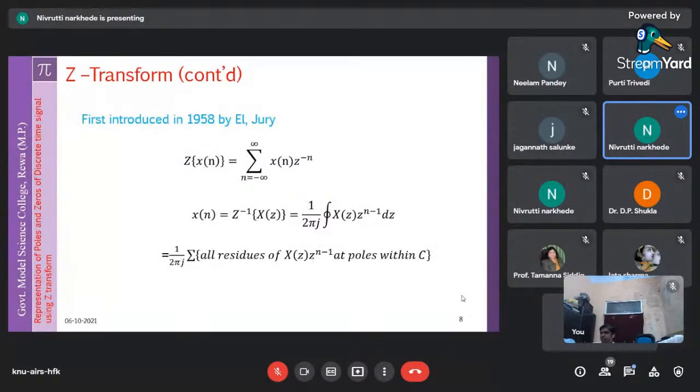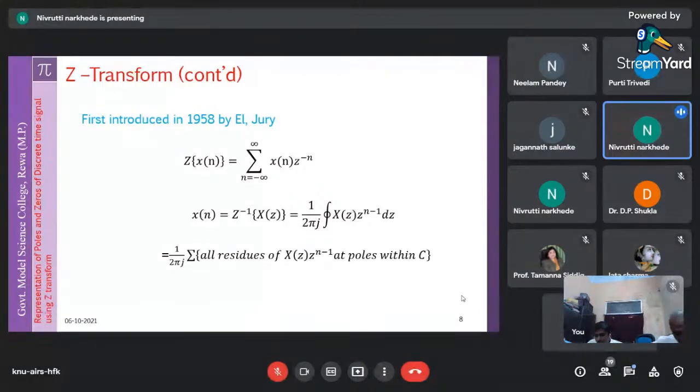So in 1947 Jury defined the Z transform. If x[n] is any discrete signal, mathematically we call it a sequence. It is just a discrete sequence. If n is positive, we can say it is a sequence for positive values of n. Here, instead of a sequence, we apply it to input signals in discrete time.